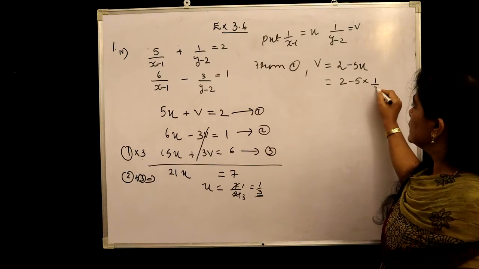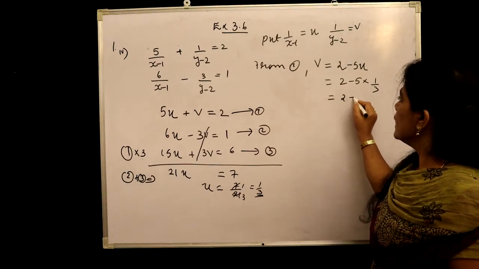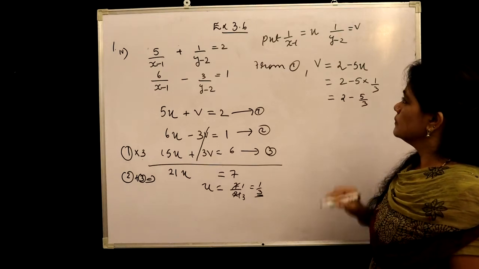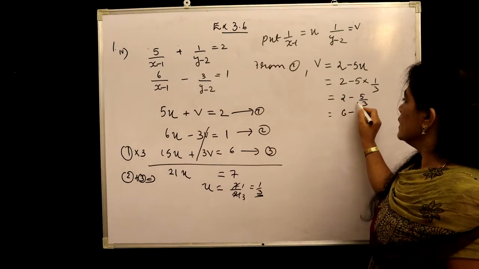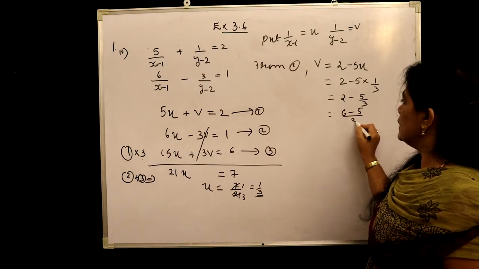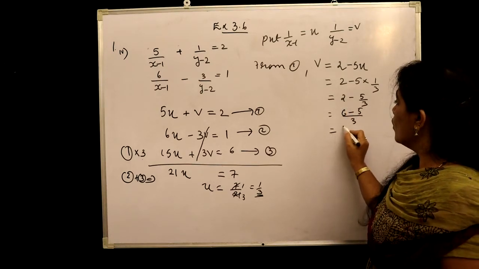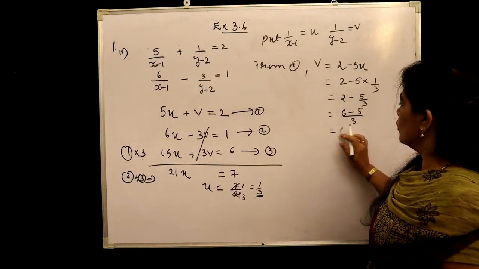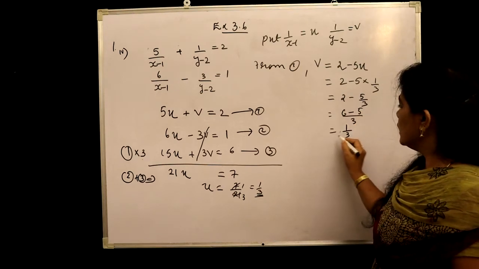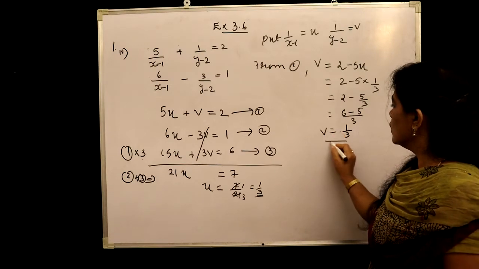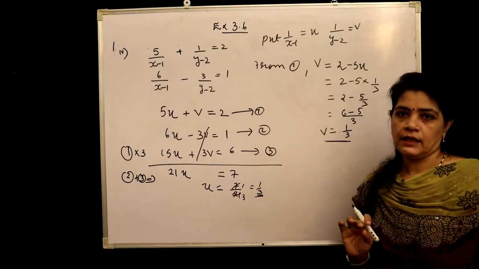So this is equal to 2 minus 5 by 3, that is 6 minus 5 by 3. Cross multiplying, we get 1 by 3. 6 minus 5 is 1, and in the denominator 3, so v is equal to 1 by 3. Here we got u is equal to 1 by 3.